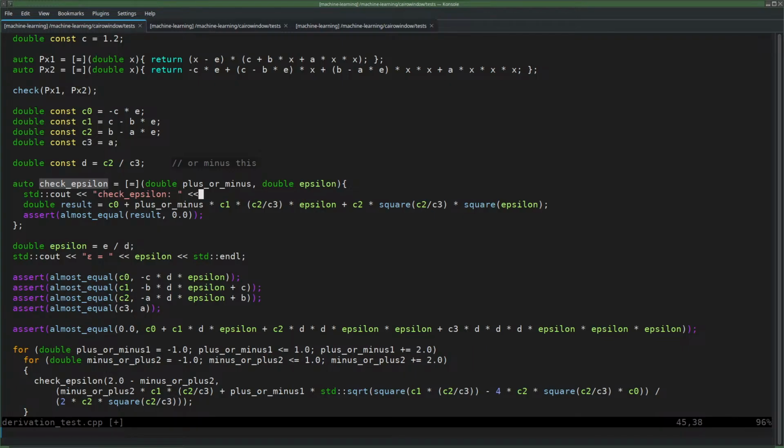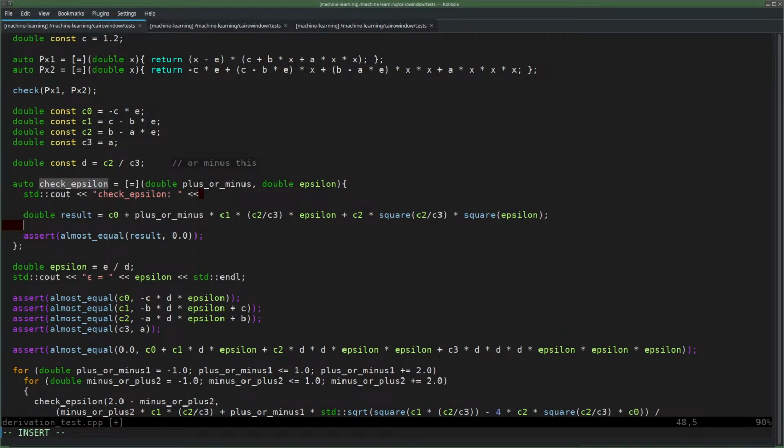Okay, we're going to write this as a cubic equation, as in a times epsilon squared plus b times epsilon plus c.